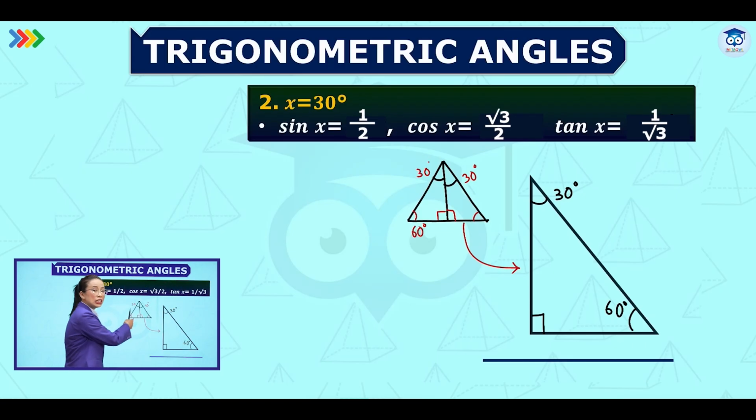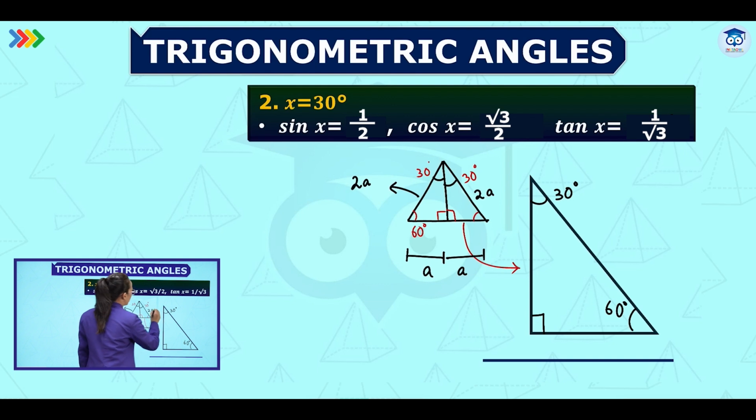So when we consider the equilateral triangle, we know that all the sides are again equal. Suppose this length is 2A, then this becomes A, A. This becomes A, this becomes another A, and again this becomes 2A.